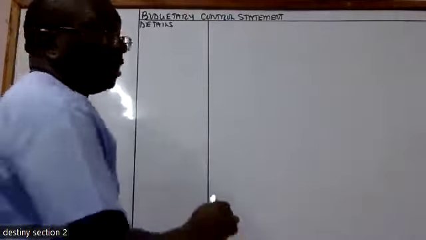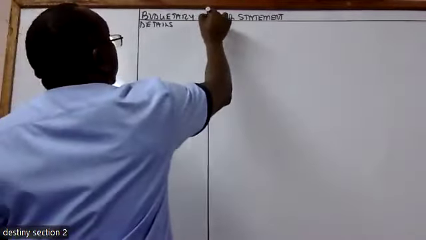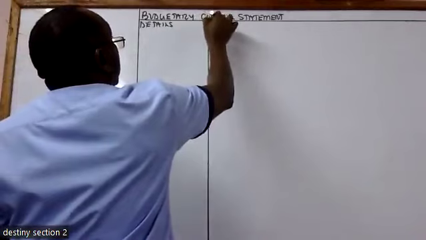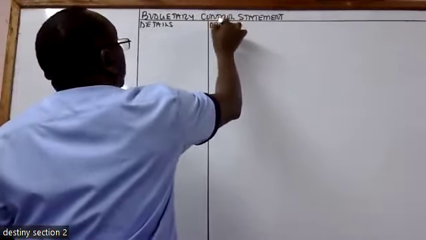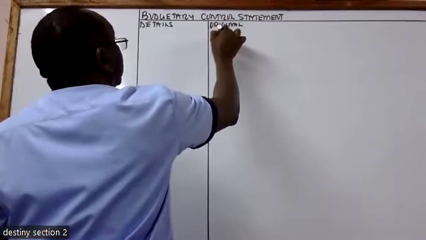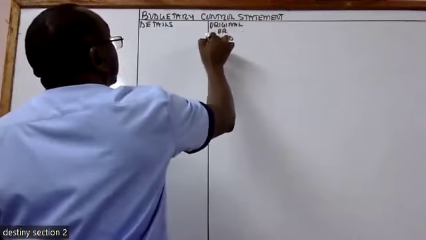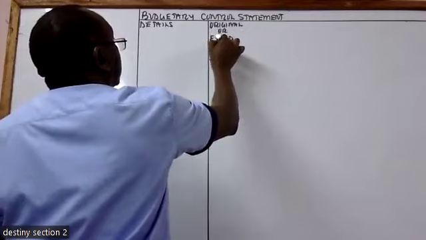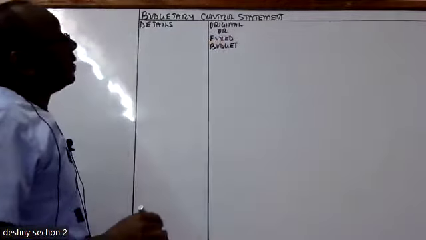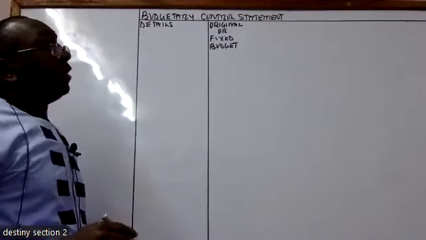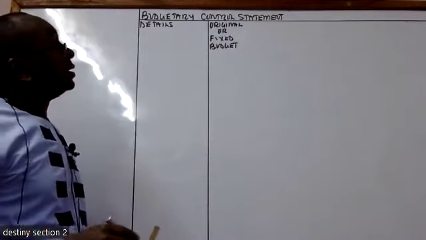We have another column called original. Some people call it fixed budget.